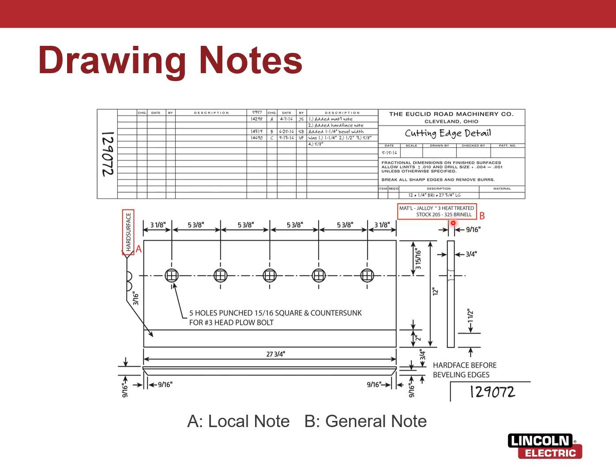Okay, and that's relevant to the whole piece versus this hard facing is just in this section where that leader line is pointing. Or this right here, 5 holes punched, 5/16 square and countersunk for number 3 head plow bolt. Okay, leader line, boom, local note, just pertaining to this. All right.